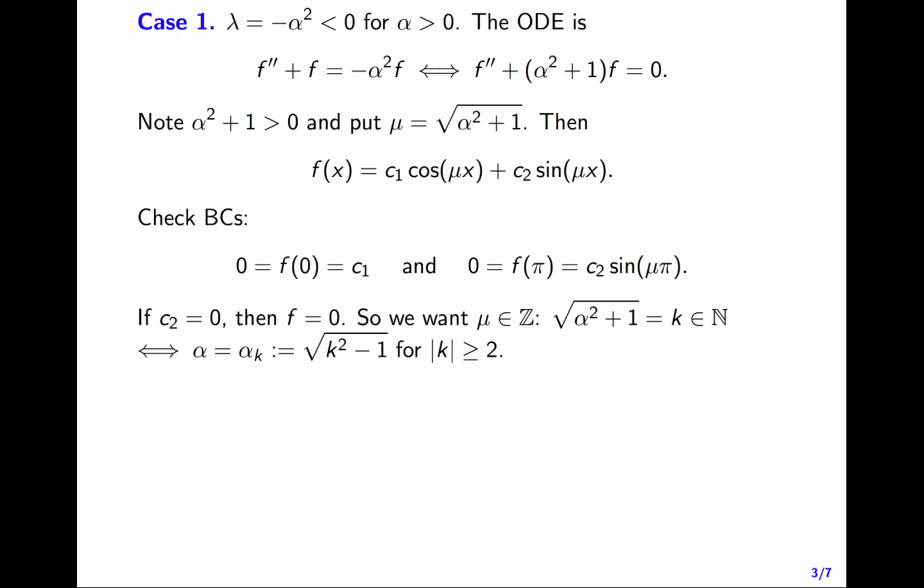Now, we want alpha to be a positive number, so I can't just take k to be any integer. I need k to be greater than or equal to 2, because if k were equal to 1, then alpha would be equal to 0.